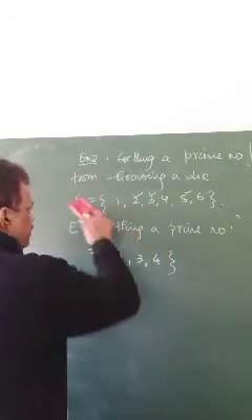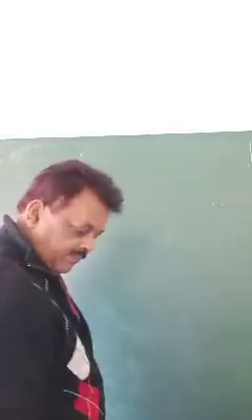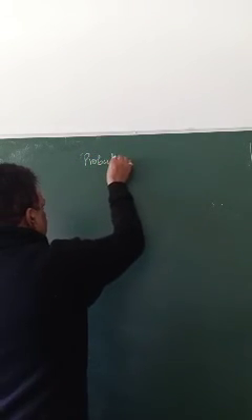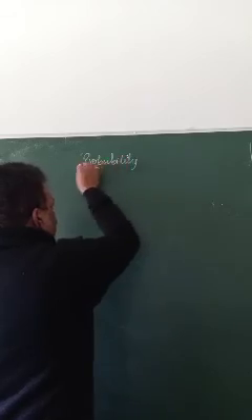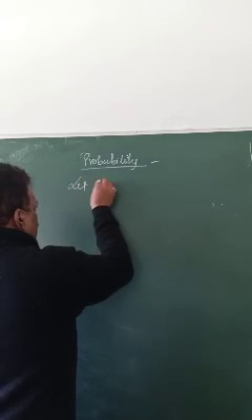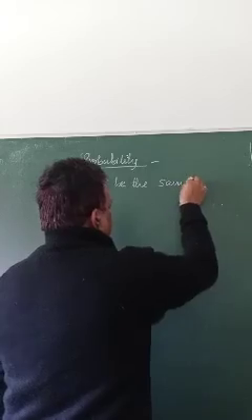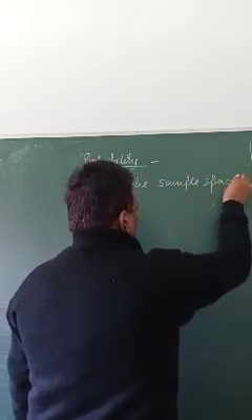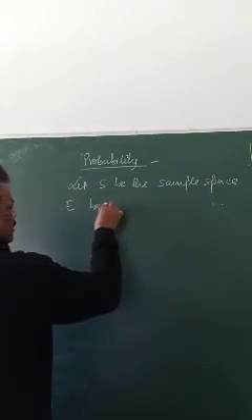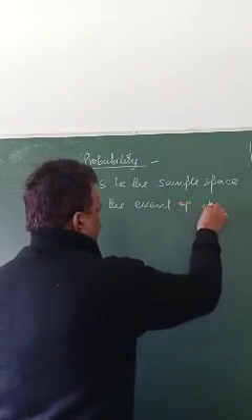Okay, then what is called probability? Probability of an event. Let S be the sample space, E be the event of it.